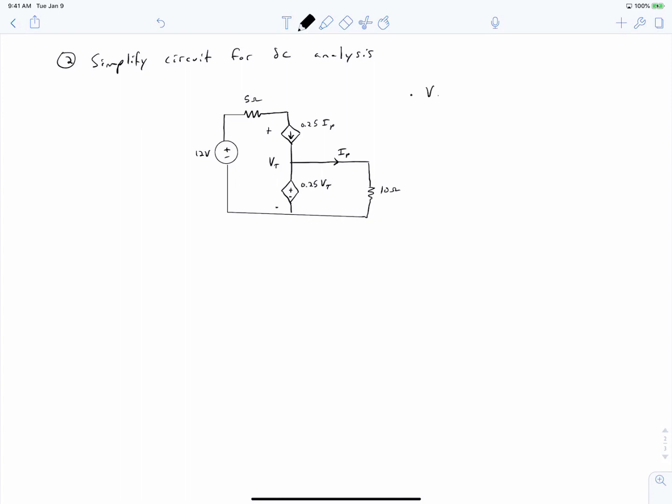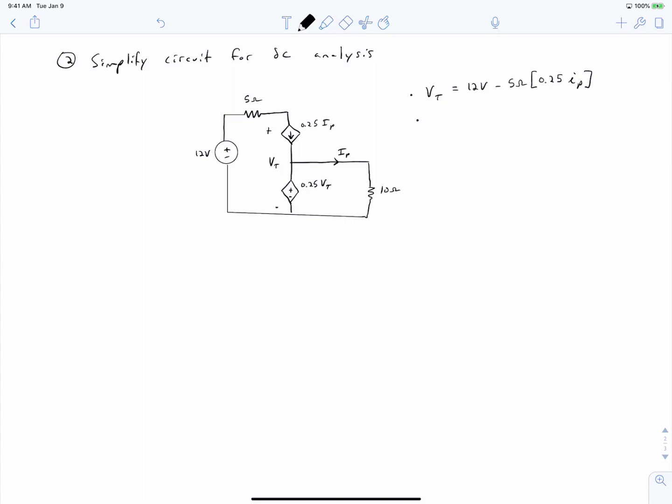We can write a set of equations to solve. First, we can note that the throw voltage is going to be equal to 12 volts minus the voltage across our 5 ohm resistor. Next, we can write an expression for the pole voltage.